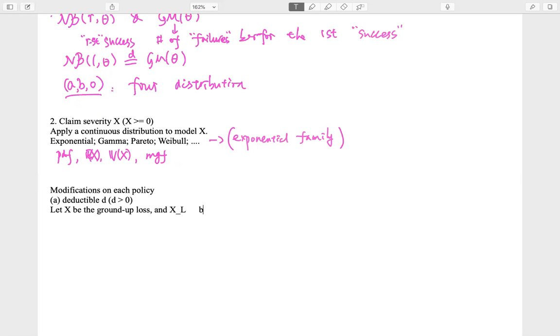Let X_L be the payment in a loss event. Here my notation is, when you use LaTeX, you put a lower hyphen and put an L. That means it's a subscript. X_L be the payment in a loss event.